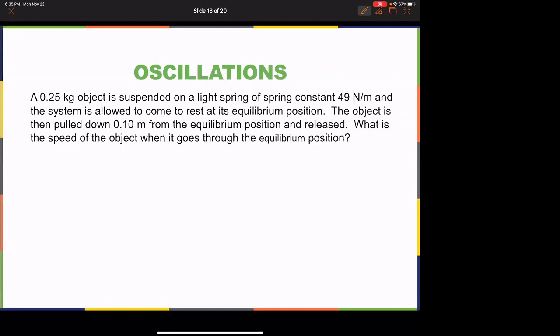So, I got the answer. Okay. Let's give it a try. So we got the mass. We got K. We have A. These are like nothing compared to the last chapters, huh?